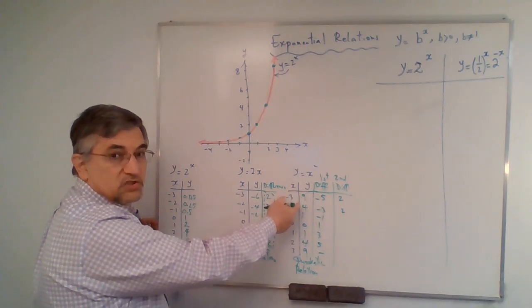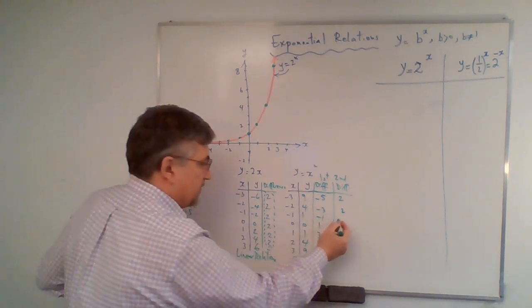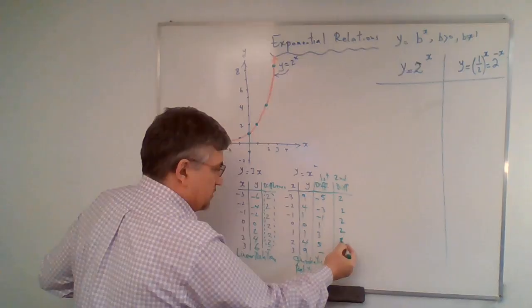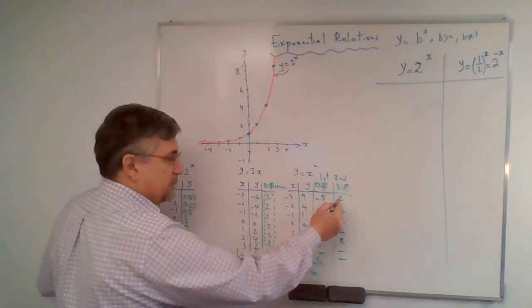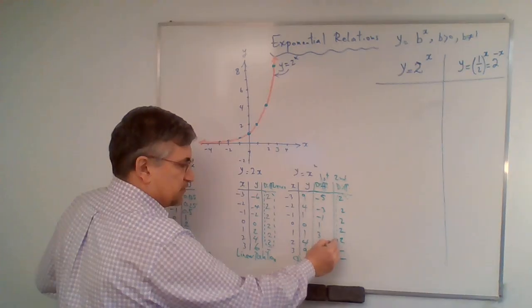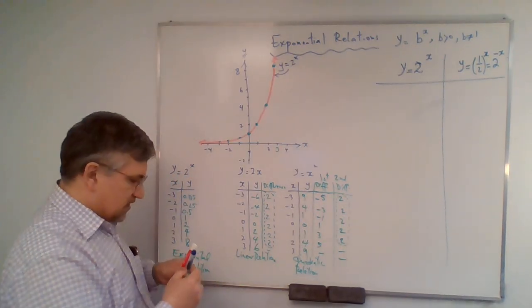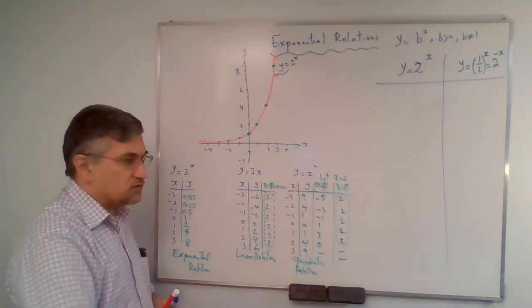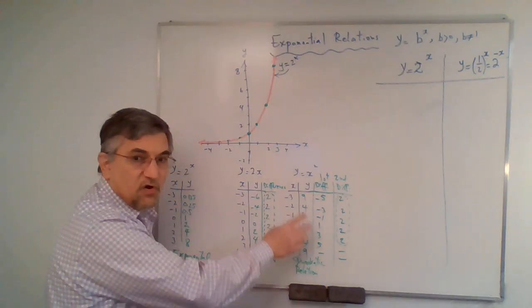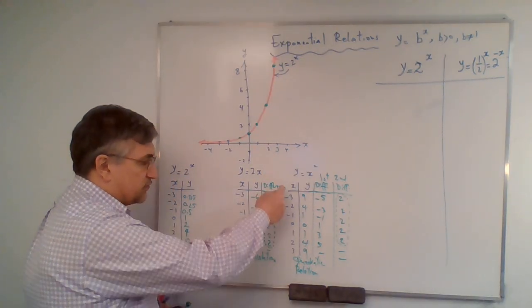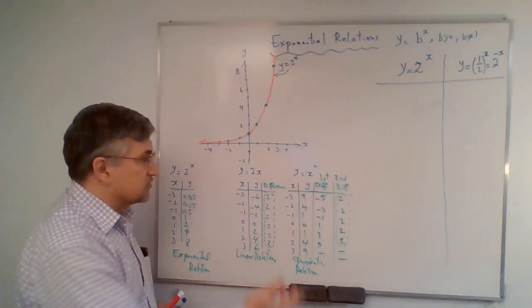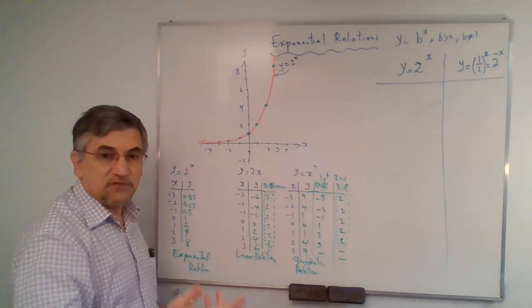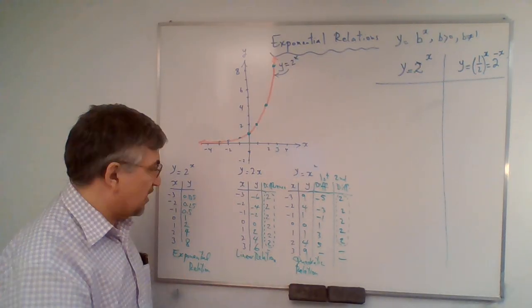Bottom number minus top, 1 minus 1, that's a 2. 5 minus 3 is a 2. You see that this time you end up with the same constant top to bottom. And we said that in relations where the second finite differences are all the same for successive x values, these relations are known as quadratic relations. Y equals x squared was a quadratic relation. The graph was the basic parabola.